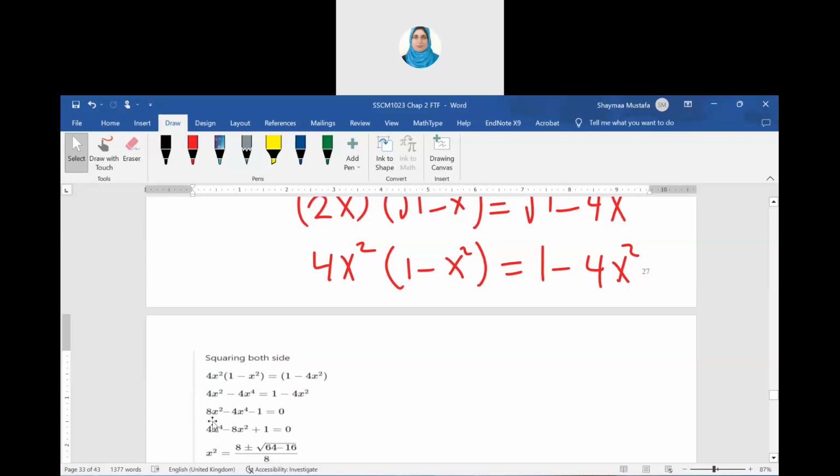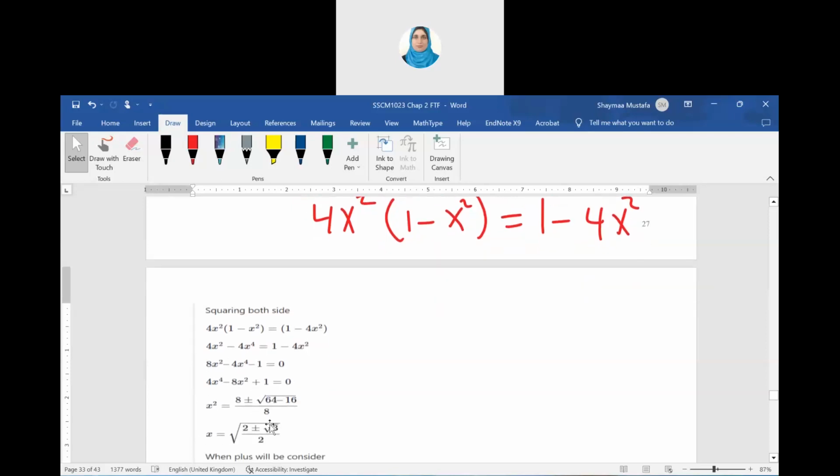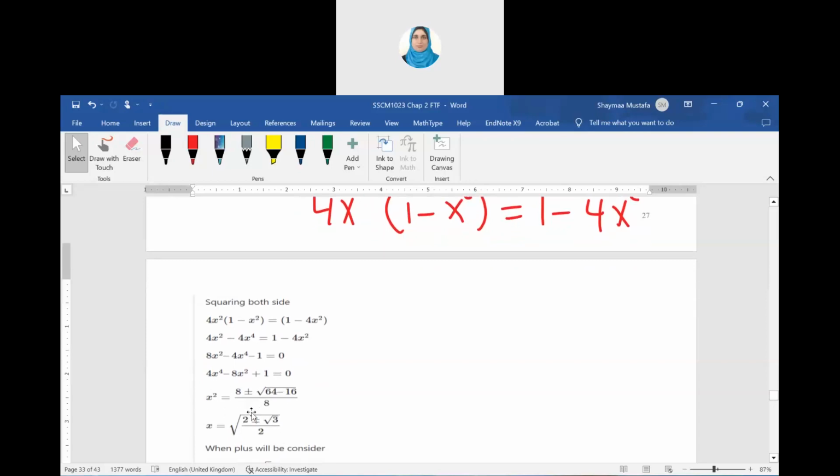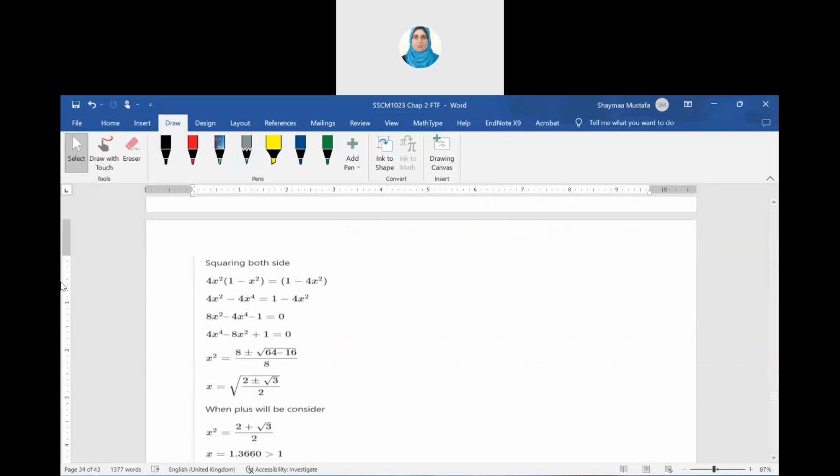So this is a quadratic equation. Just multiply by minus and rearrange. You have 4x to the power 4 minus 8x squared plus 1 equal to 0. And solve by using the quadratic formula and find the value of x.